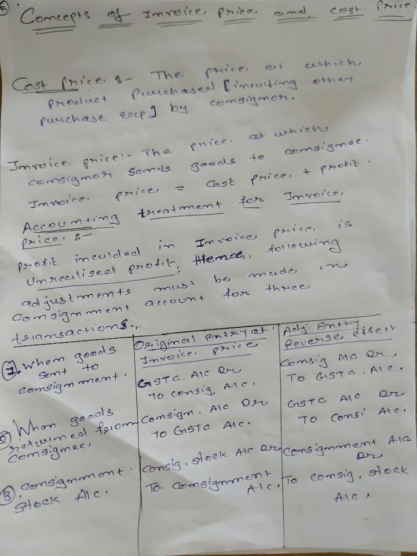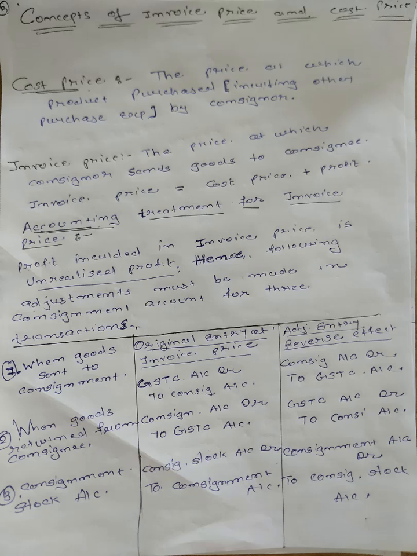The transactions related to goods must be posted at invoice price. However, this invoice price contains the unrealized profit, so the respective adjustment entries with the profit amount must be recorded. That means if you debit any amount with an invoice price, the added profit must be credited. So at the end, the original cost price is debited.